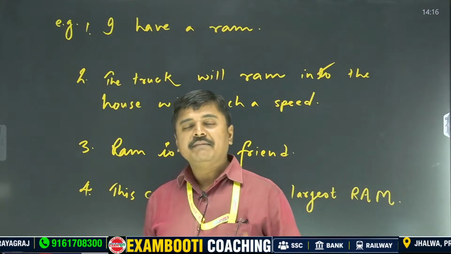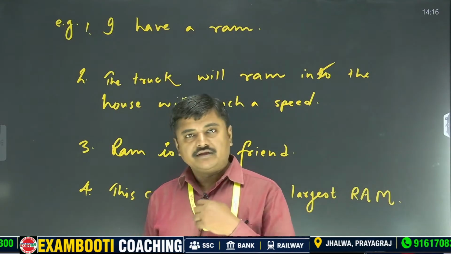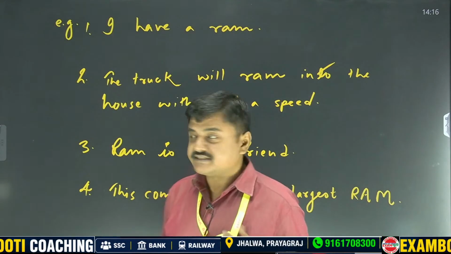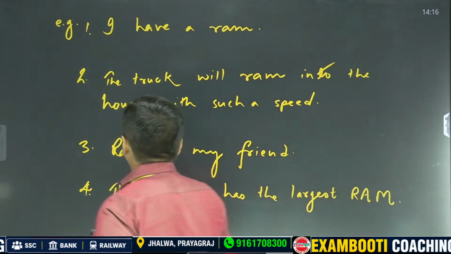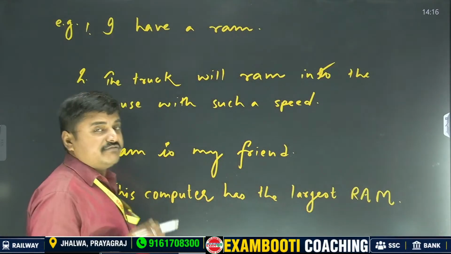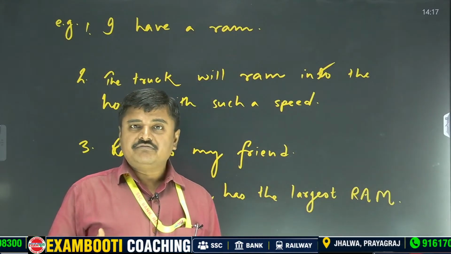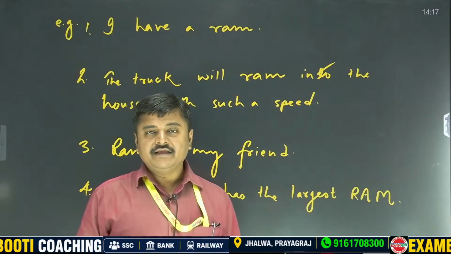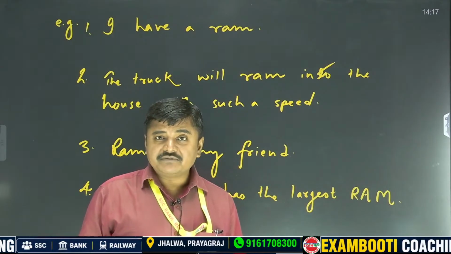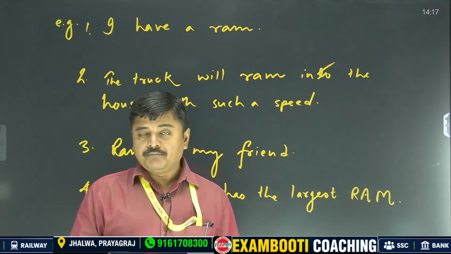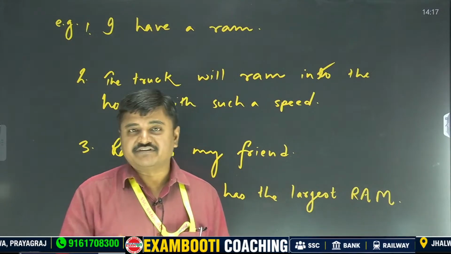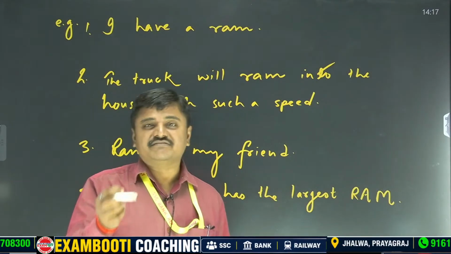And that's why the meaning of the word also is different in different sentences. But here you will not only find the way it is written, you will also find they are functioning very differently.